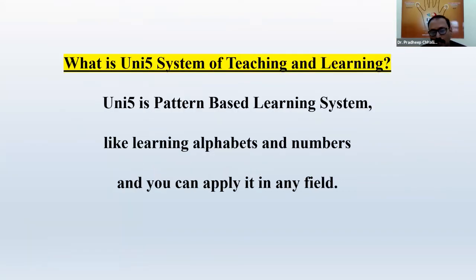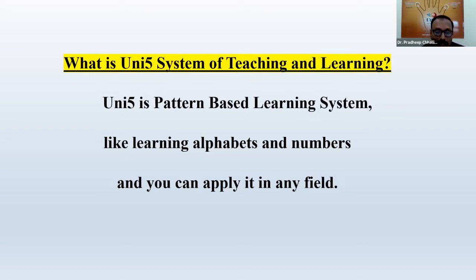So this unified system of teaching and learning is an ancient Indian system. In fact, it is a Gurukula system where the teacher conveys all the knowledge in the form of the 5 Panchabhutas, and the knowledge is also structured in patterns, and the student also grasps it.